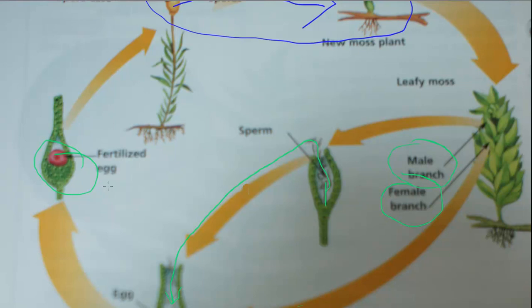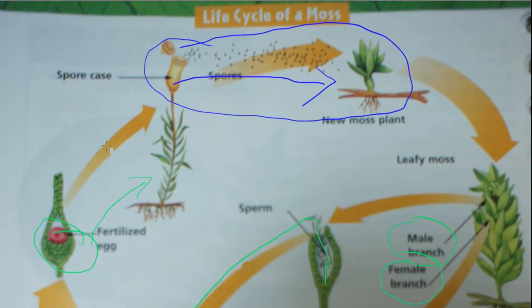The fertilized eggs eventually become a thin stalk with a spore case. So these become these. When the spore case opens, the spores are released.